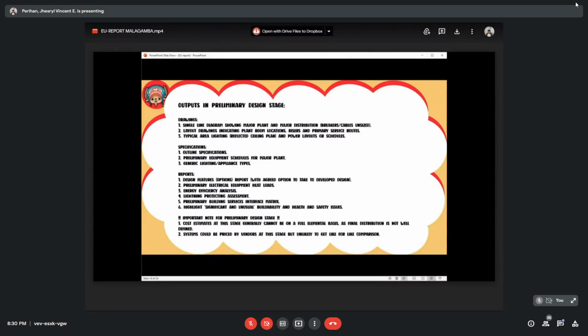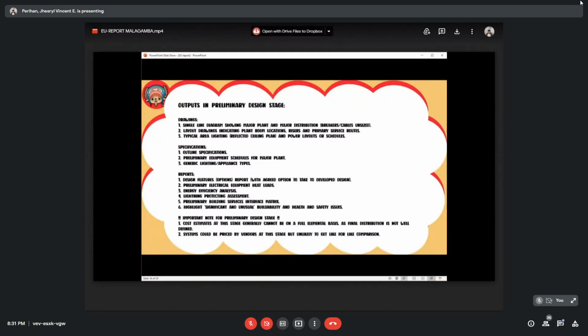Third, typical area lighting, like the reflected ceiling plan and power layouts or schedules. For the specifications, we have the outline specifications, preliminary equipment schedules for major plant, and generic lighting appliance types.